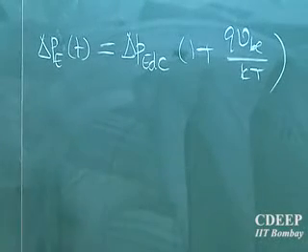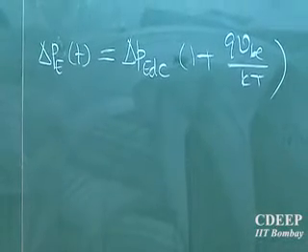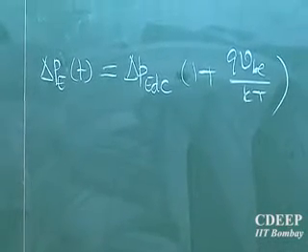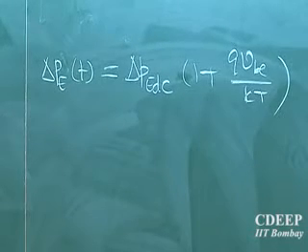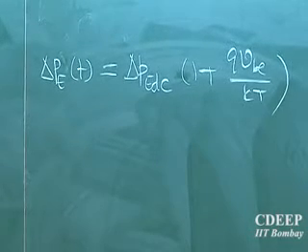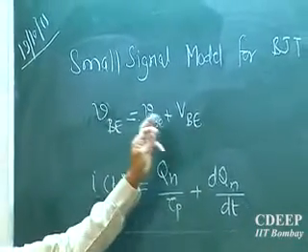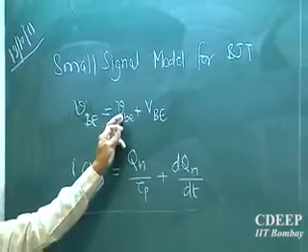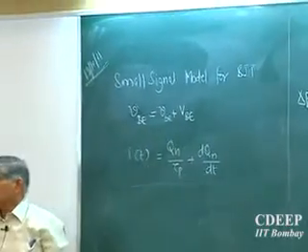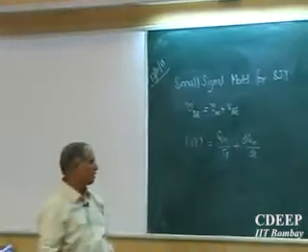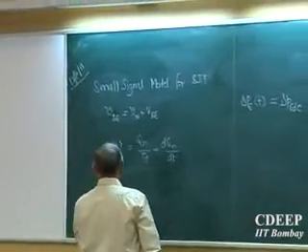What is delta PE? Pn0 minus Pno, where Pn0 is Pno e to the power QVB by KT minus 1. There you substitute VB, and this will give you a DC part plus an AC part. So that's the way that relationship was. Is that clear to you? I repeat if you still have not got it.